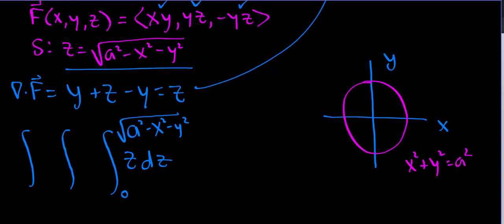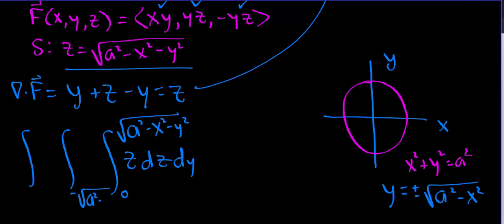Now, I think I'm going to integrate with respect to y, and I've got y equals plus or minus the square root of a squared minus x squared. So here's negative square root of a squared minus x squared, and here's positive square root of a squared minus x squared. And then finally, dx, and x is going to go from negative a to a.